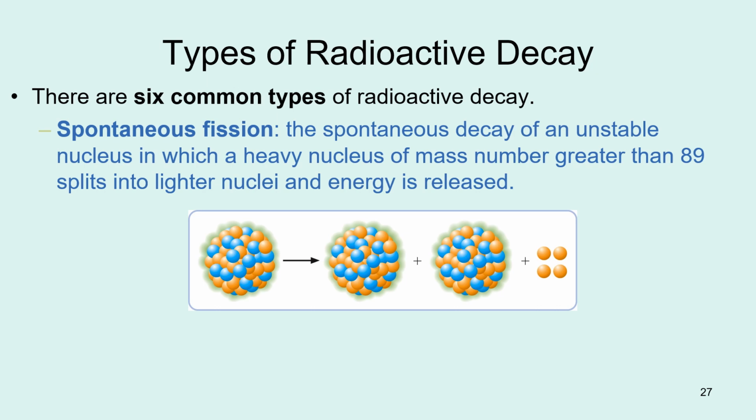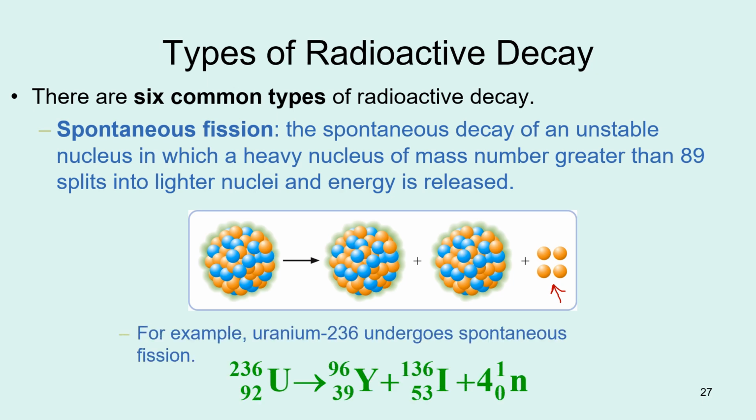The big one breaks down into two smaller ones, and oftentimes neutrons are given off. Energy is also released. So you'll know it's fission if all your products are smaller nuclides.